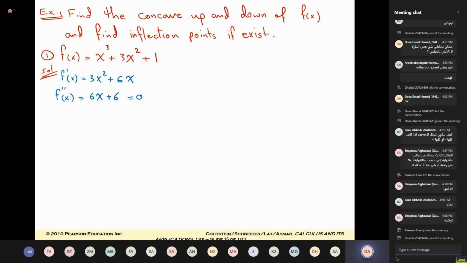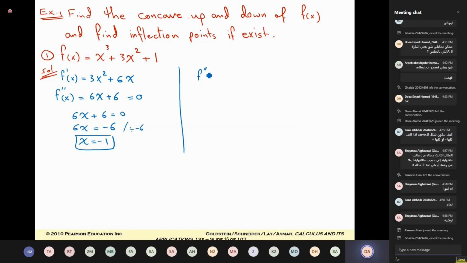So this is equal 0, 6x plus 6 equals 0, so we have 6x equal minus 6, and we have x equal negative 1 after divide by negative 6.